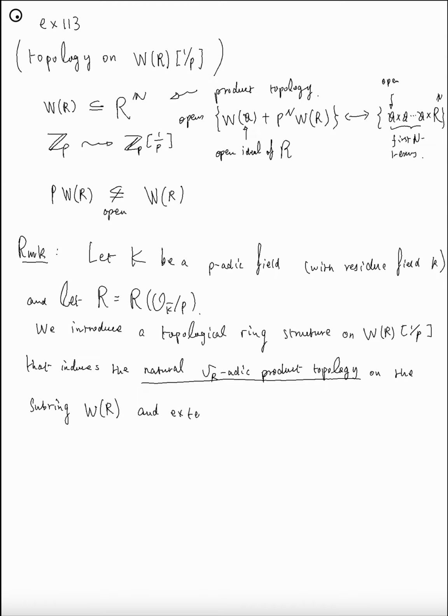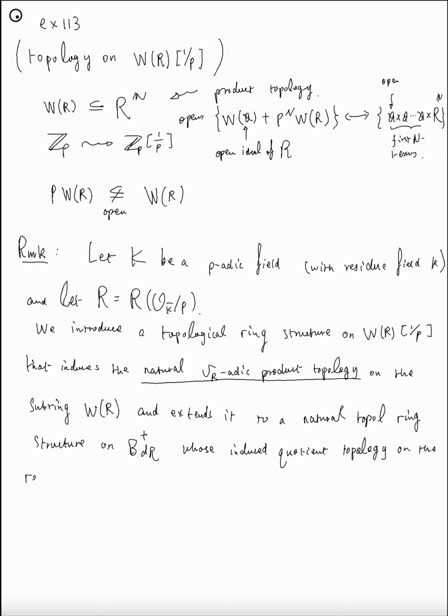And extends it to a natural topological ring structure on B-dR plus, and whose induced quotient topology on the residue field CK is the natural valuation topology. That's what we want to do.